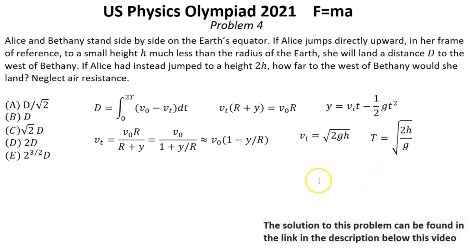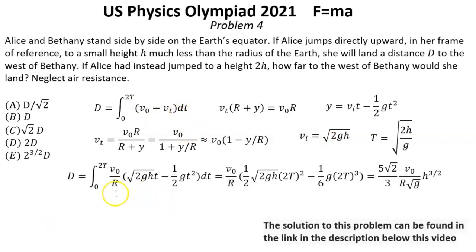Now we can put all these expressions into our integral and find that distance big D equals this expression. Now after calculations we have that distance equals this expression, which is proportional to h to the power 3 over 2. It means that if we increase the height twice, we have total distance equal to 2 to the power 3 over 2 times D. This is answer E, and that was the solution for problem number 4.